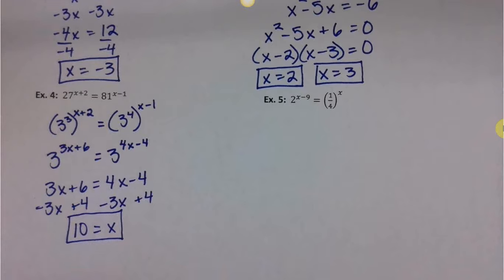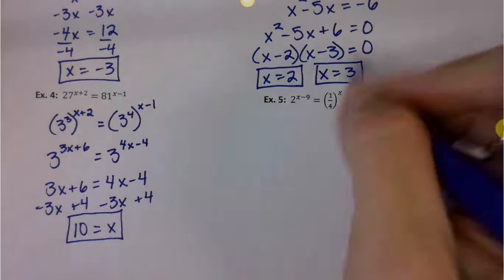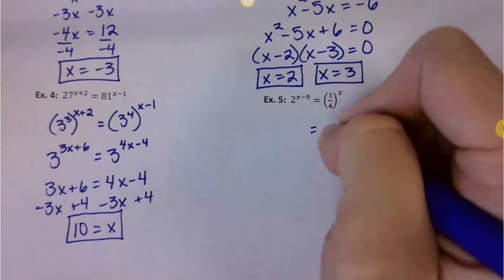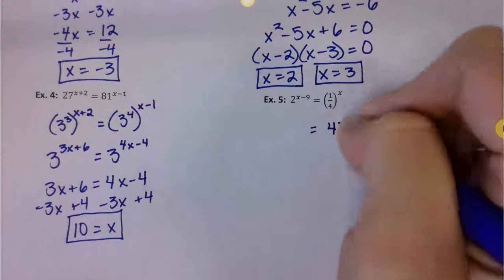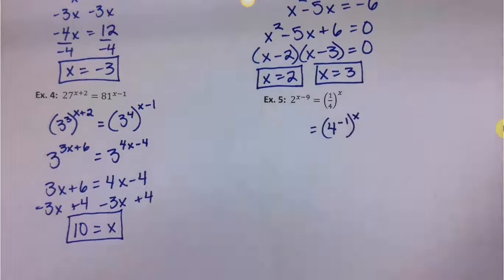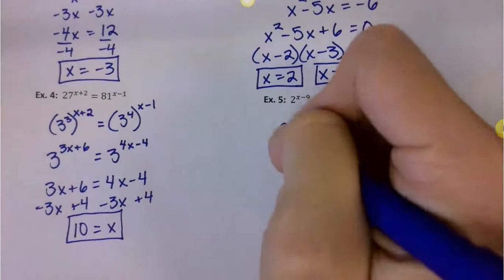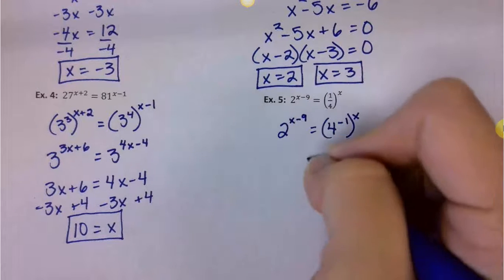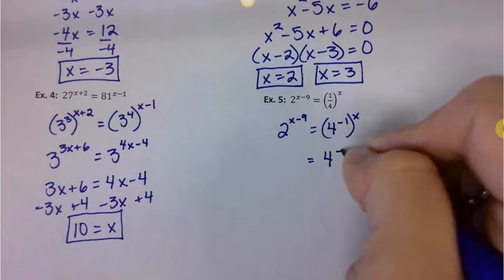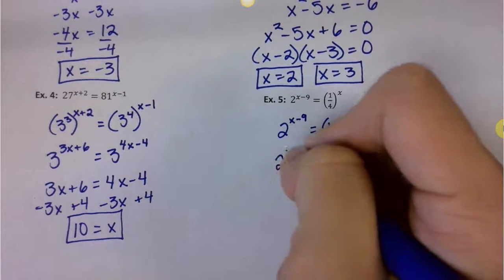So for example 5, the question is, how can I make a 2 look like a 1/4, or vice versa? Well, remember we said that 1/4 is the same as 4 to the negative 1. So multiplying exponents means that this right side is the same as 4 to the negative x.